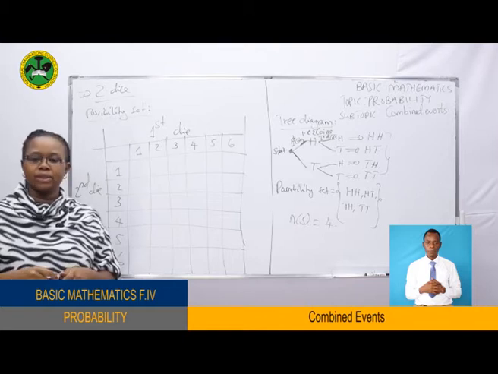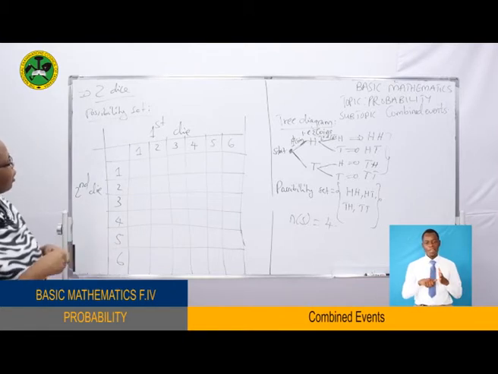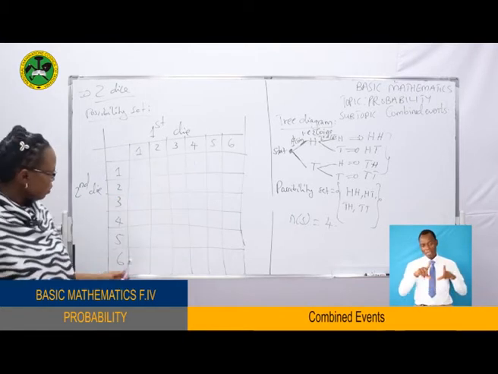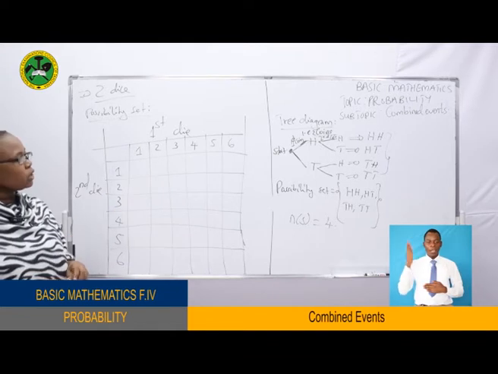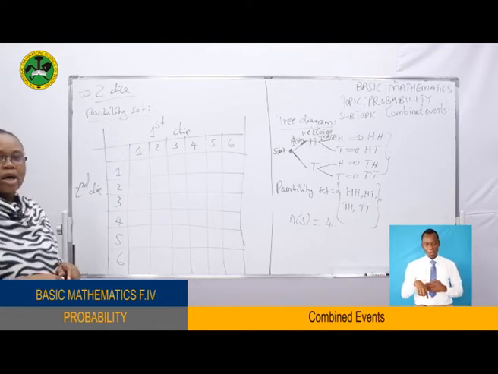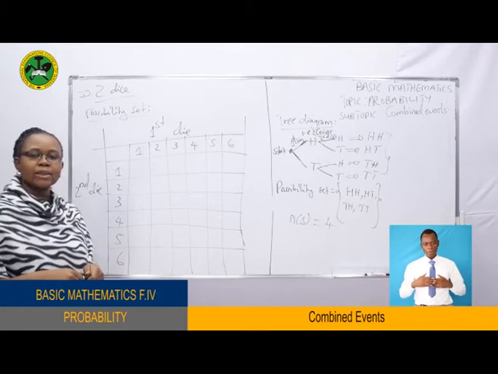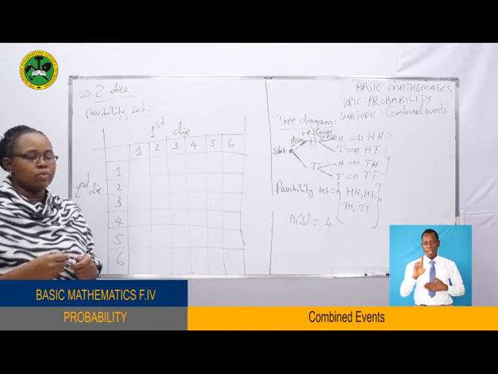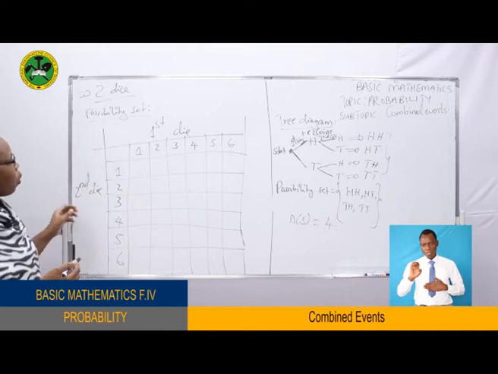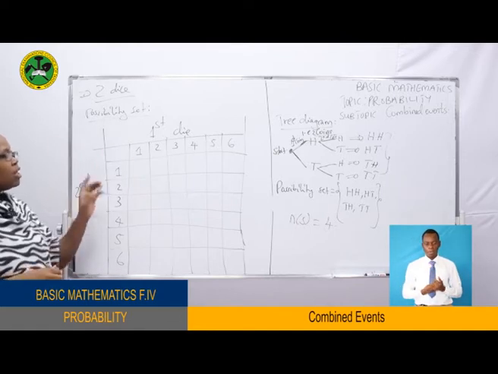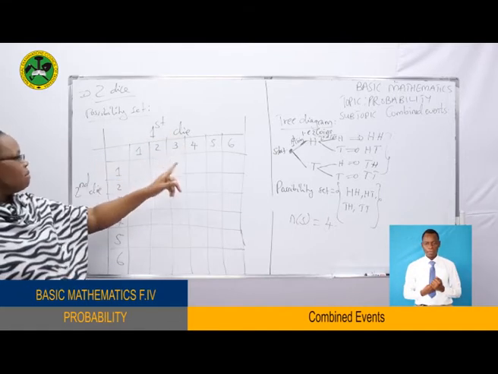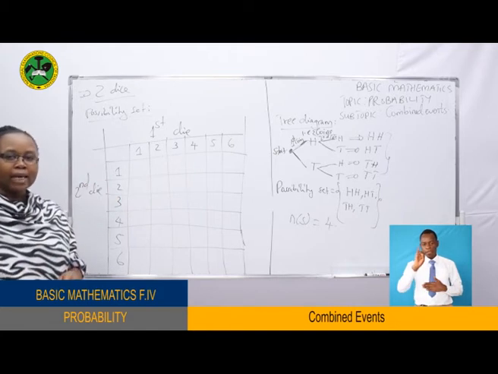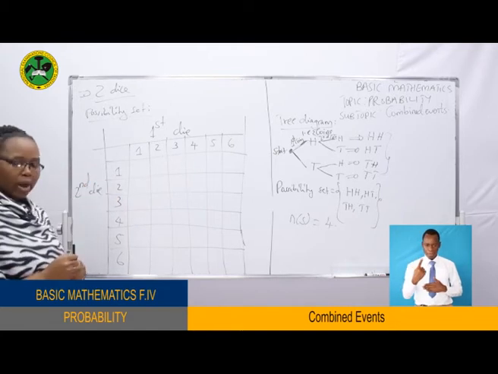Then, my dear students, by looking at our table, we have a table which shows dice which are rolling together. When you roll these two dice, the first die may show 1, and the second die also shows 1.